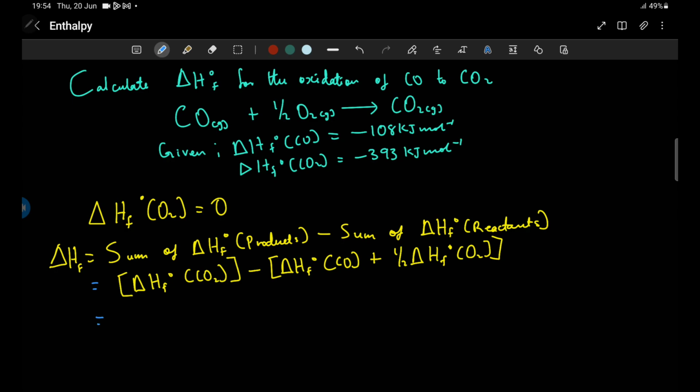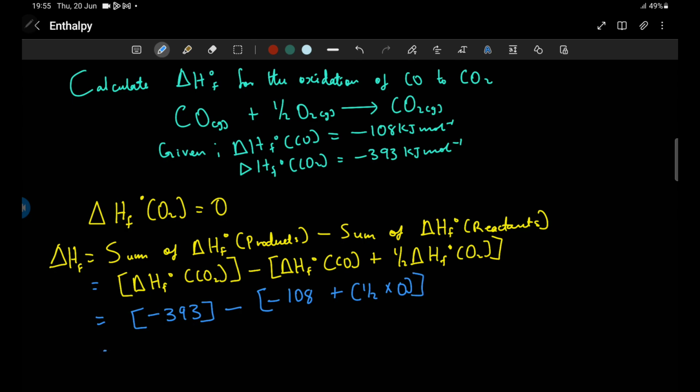So this is equal to, let's substitute the values. The heat of formation for carbon dioxide is minus 393 kilojoules per mole, and that's for the products. Now for the reactants, the heat of formation for carbon monoxide is minus 108. We've been given that from the question, plus the heat of formation for oxygen, which is 0, the ground state.